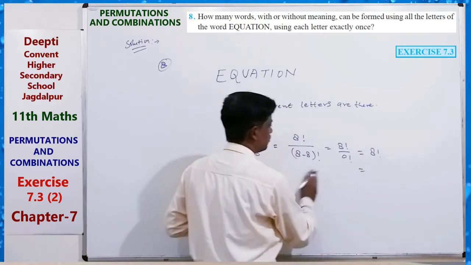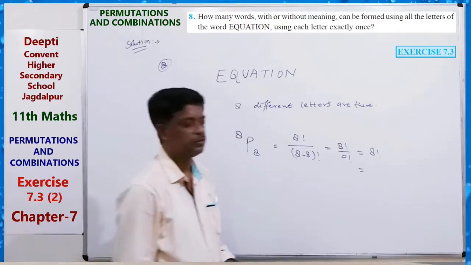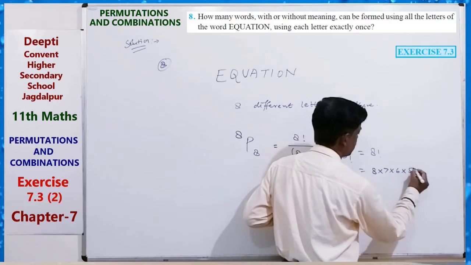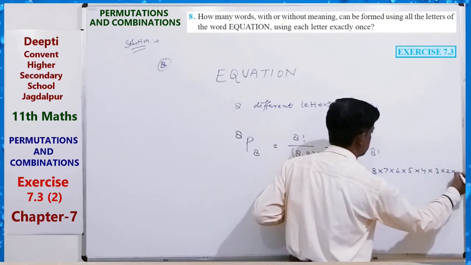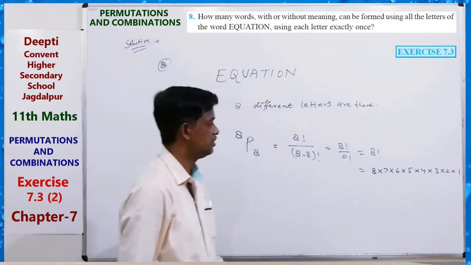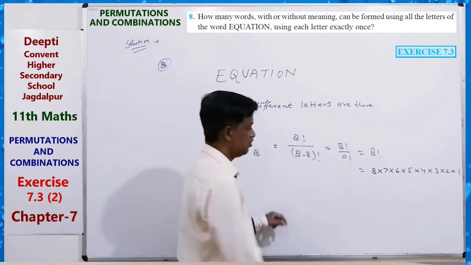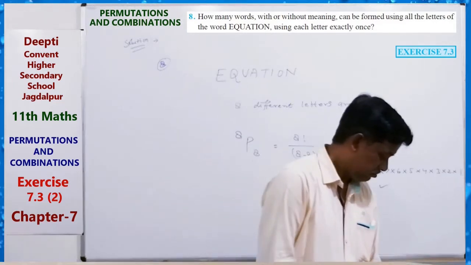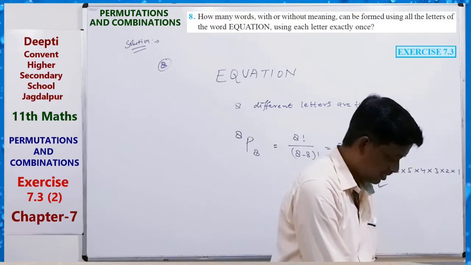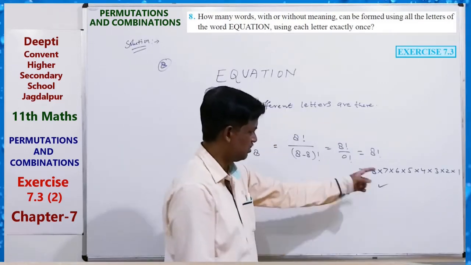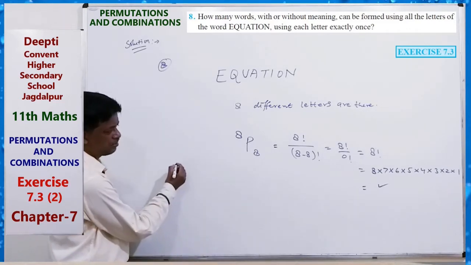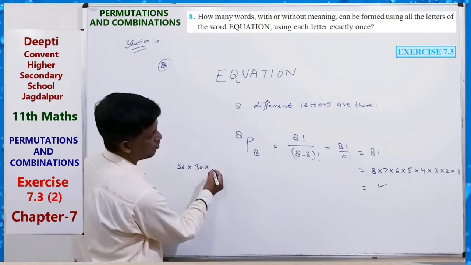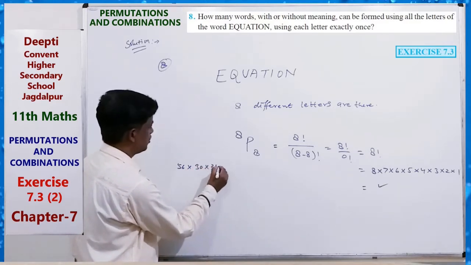So you can find the answer. Just multiply 8 into 7 into 6 into 5 into 4 into 3 into 2 into 1. Just multiply it, you can get the answer. Clear? 8 into 7, 56, into 6, into 5, 30, into 4, into 3, 24.